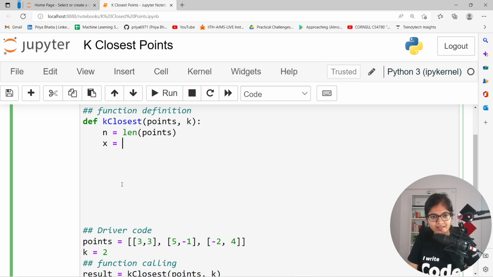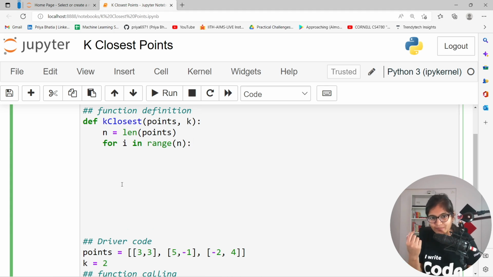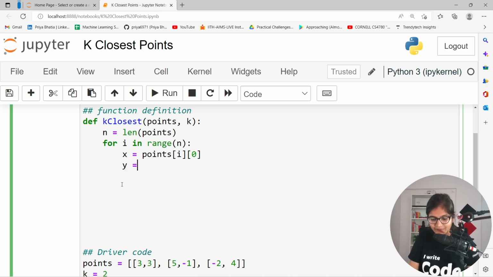We make one for loop for i in range until n. We iterate, and each time we need to extract the value of x and the value of y. The value of x is points of i, at the 0th index, and y will be equal to points of i at the first index.